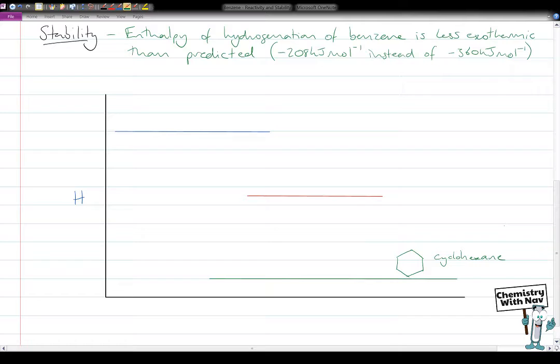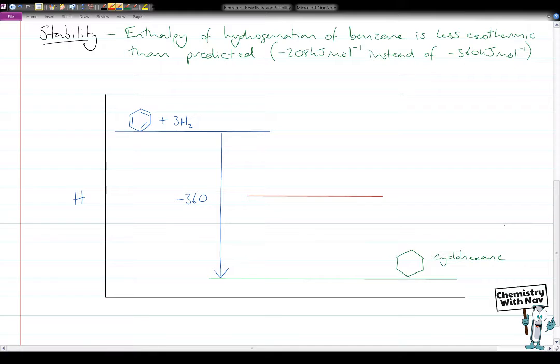Now, if it was the Kekule structure, we would expect the enthalpy of hydrogenation to be 3 times that of cyclohexene, which effectively is benzene plus 3H2, and the delta H for that would be 3 times minus 120, which is minus 360 kilojoules per mole.